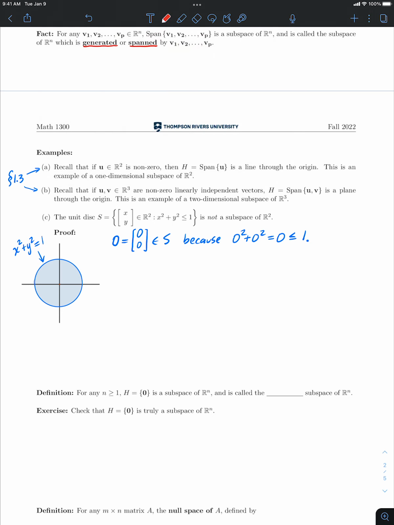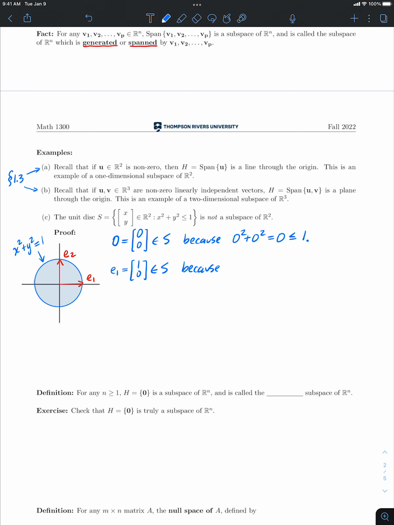One of the simplest ways to look at this would be just to take the standard basis vectors E1 and E2. So that's E1 and that's E2. What is E1 in terms of its coordinates? Well, it's 1, 0. Well, that's in S. And how do you know that?